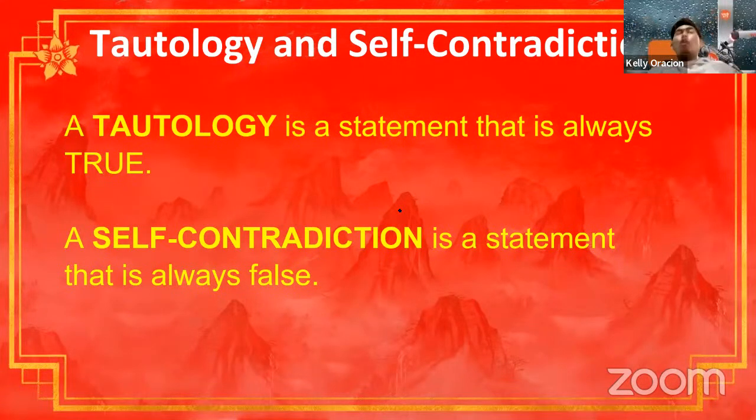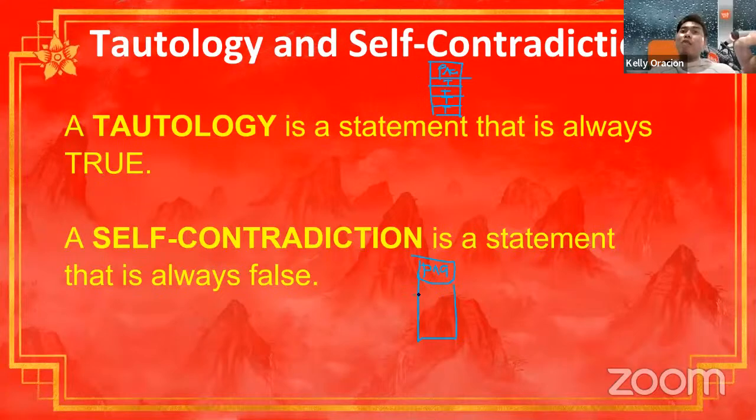Kumbaga, if gagawa kayo ng truth table, example, apat na row. Ito yung statement natin. Example lang ha. Kung true na tanan ito, they are tautology. Same with contradiction.